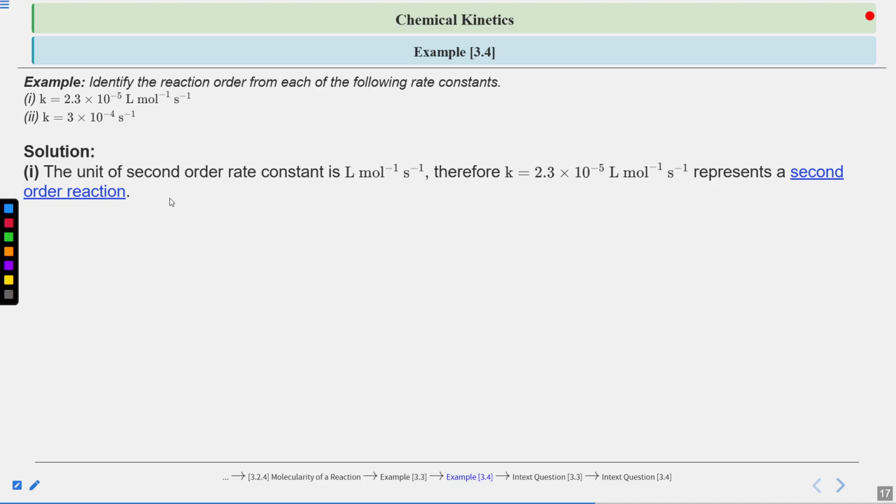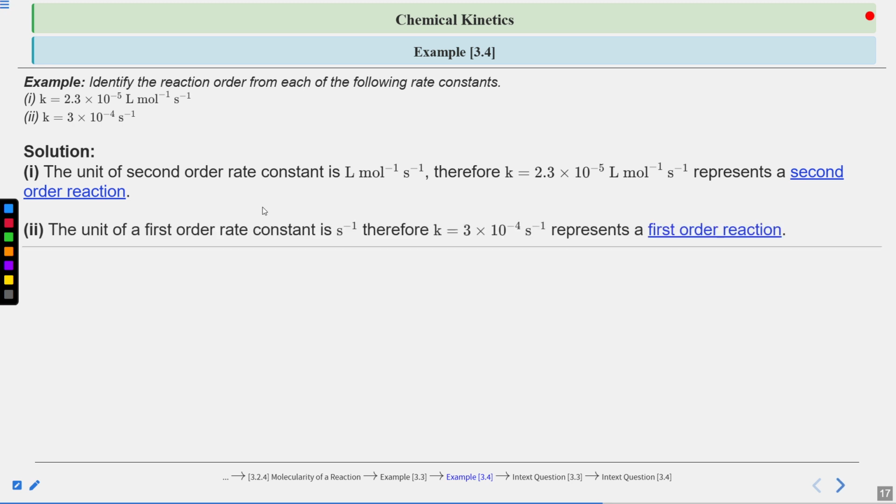Now the unit of the second order rate constant is liter mole inverse second inverse, and it is the same as that in the first part of our question. So both units match, therefore we can say that K equal to 2.3 times 10 to the power minus 5 liter mole inverse second inverse represents a second order reaction.